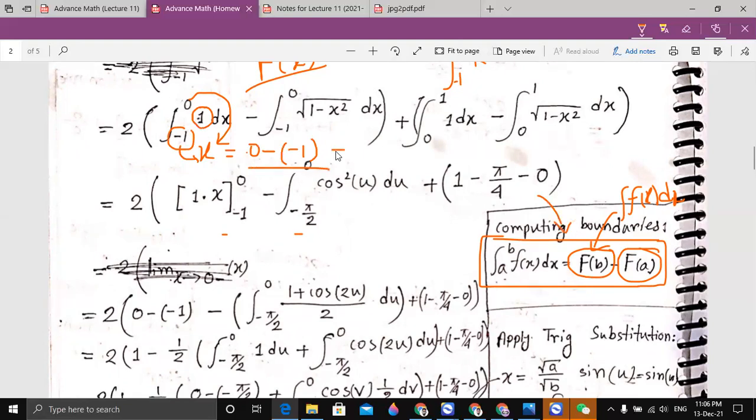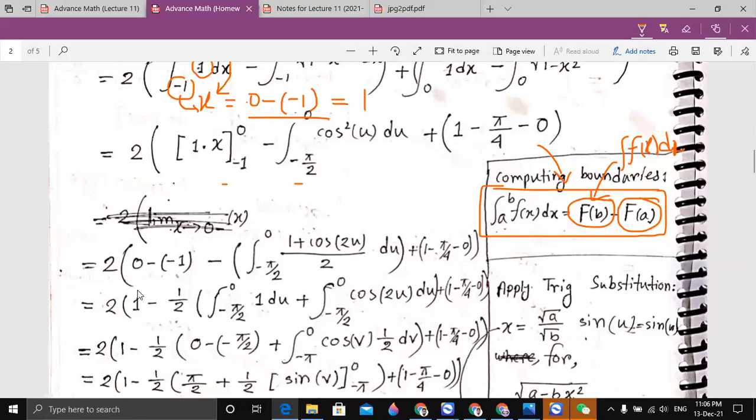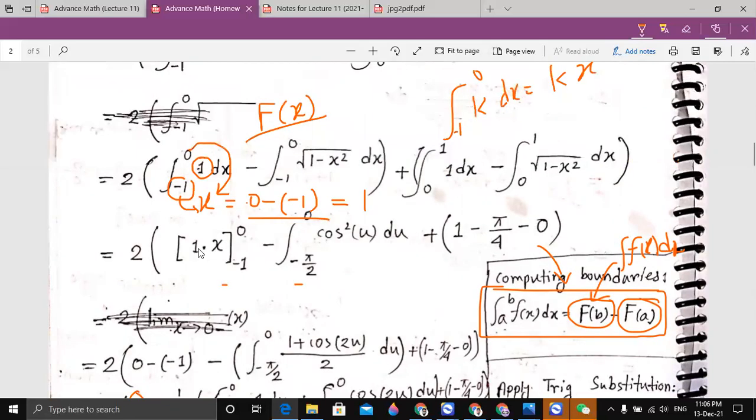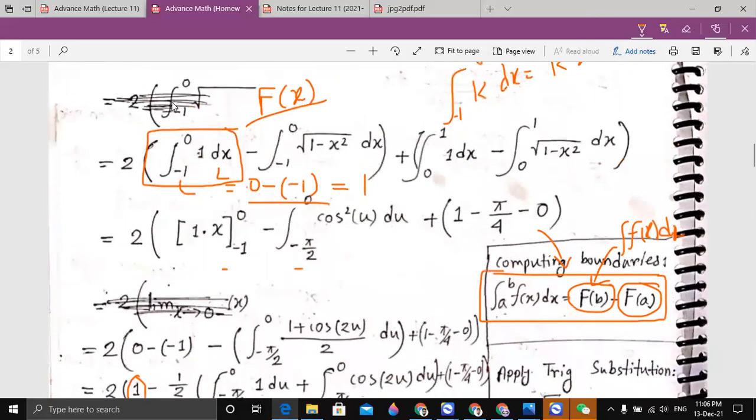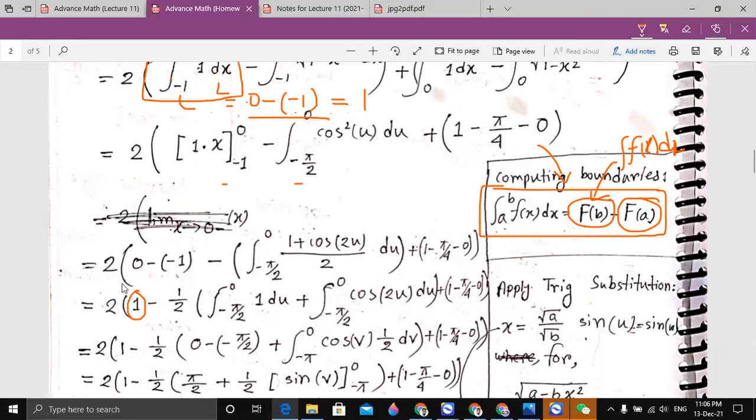Minus and minus will become plus, so 0 plus 1, that is plus 1. Ultimately we get 1. Is this clear now? This part, the integration from -1 to 0 of 1 dx, makes only 1. So I calculated this part here.